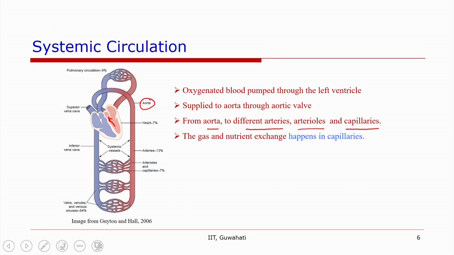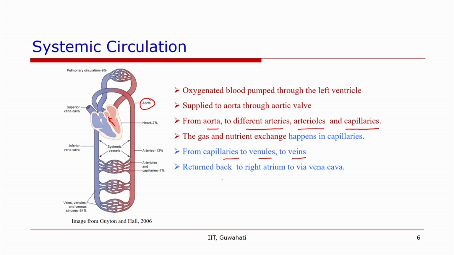So, the gas exchange happens in capillaries, and then from capillaries the blood comes to venules, and from venules it is collected in veins, and from veins the blood is returned back to right atrium via two parts, superior vena cava from the upper part of the body, and inferior vena cava from the lower part of the body.